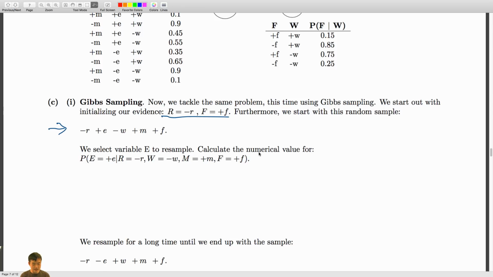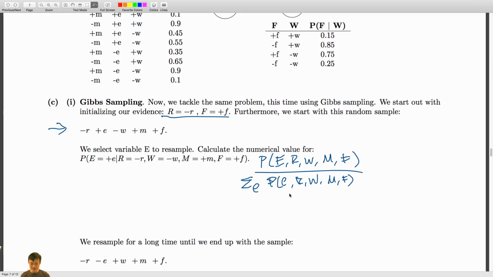So we can compute this as, for example, the probability of E, R, W, M, and F, given the same probability of E, R, W, M, and F, however after eliminating this variable E. And by Bayes' rule, this is going to be the same as the query we want.